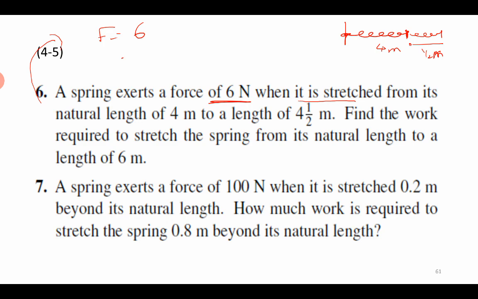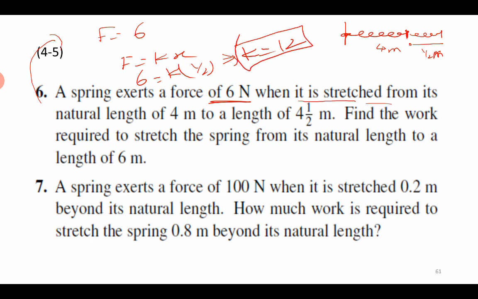And we know by Hooke's law, force is k times x. So 6 is equal to k times half. So what is k? That's the question here. K is 12. We have found the spring constant. We will use this to find the second part of this question.